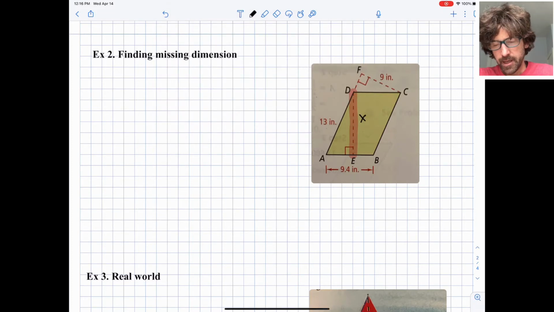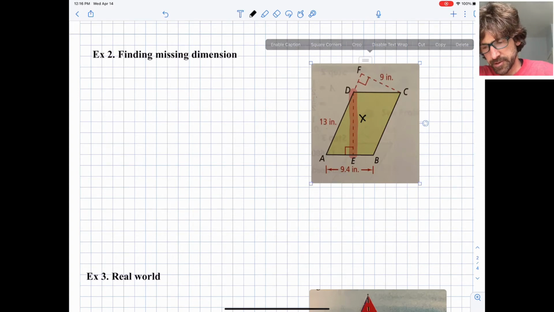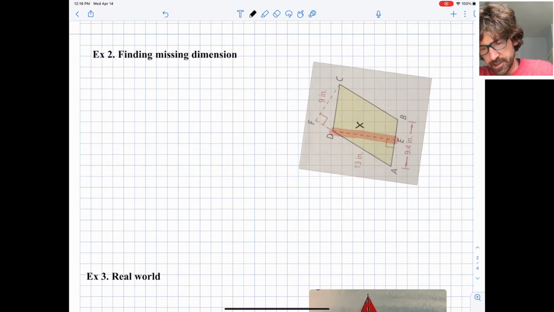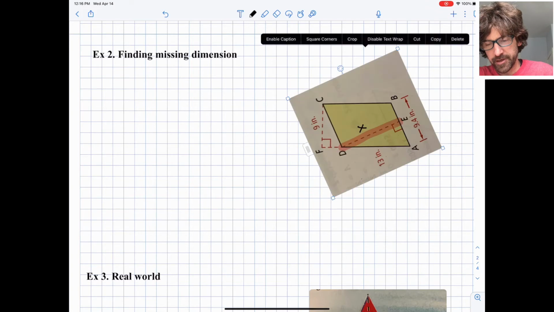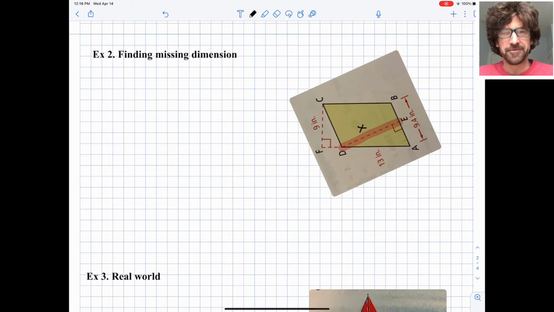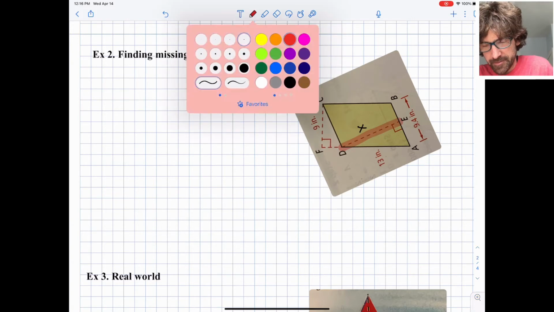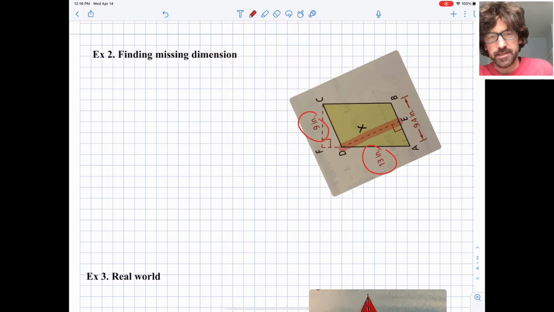Okay, and the thing to keep in mind is for this, we're going to find the area of the shape in 2 different ways. So first, what I want to try to do is rotate this so that the base and the height sort of conform to our expectations of the base being on the bottom and the height being a vertical line. So we can say that here the base is 13 and the height is 9.